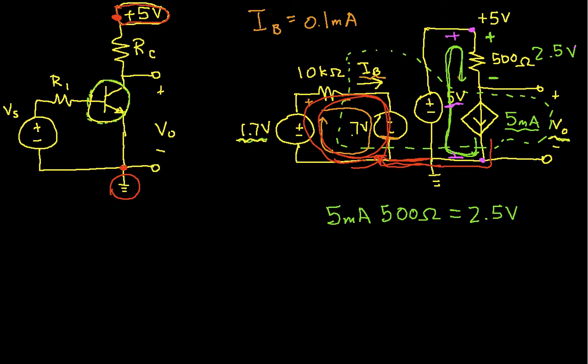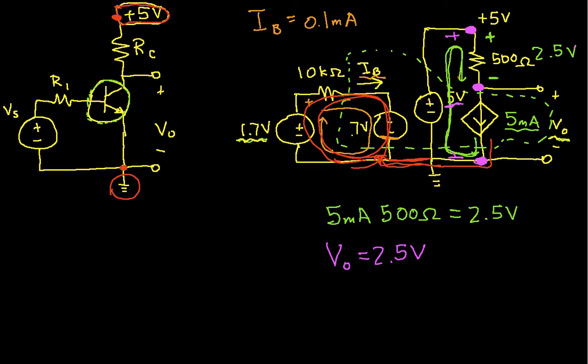Now, I know that the voltage from this point to this point is 2.5 volts, which means that the voltage from this point to this point has to be 2.5 volts in order for the total drop from up here to all the way down here to be 5 volts, which basically tells me then that V0 is 2.5 volts.